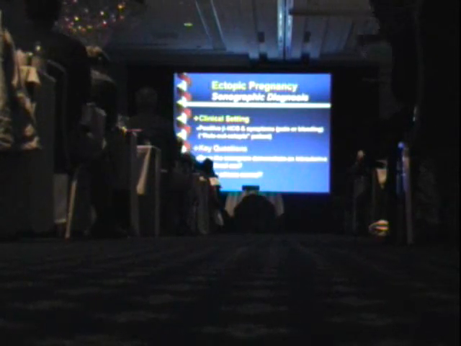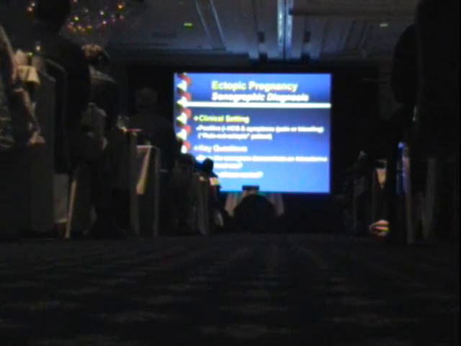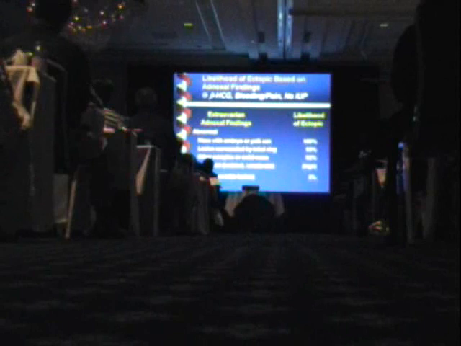Do we see an intrauterine gestational sac, in which case an ectopic is almost completely excluded? Second key question is, are the adnexa abnormal? And the key point here is the adnexa outside the ovary. Lesions inside the ovary in a woman who's pregnant are basically irrelevant. It represents corpus luteum, which can look like anything.